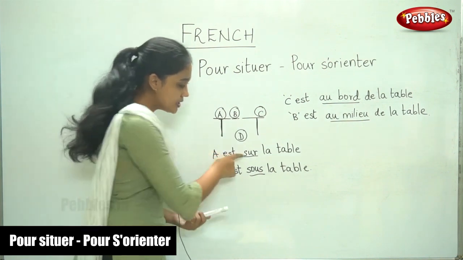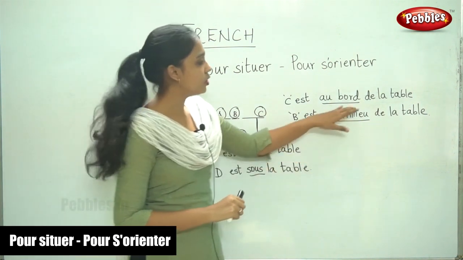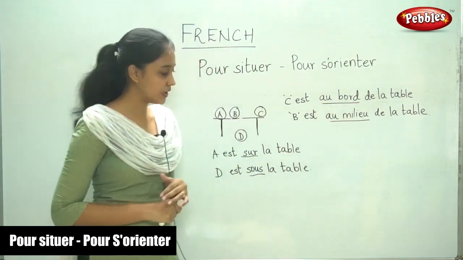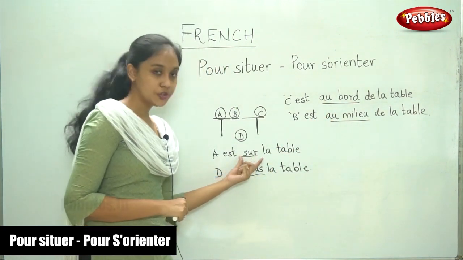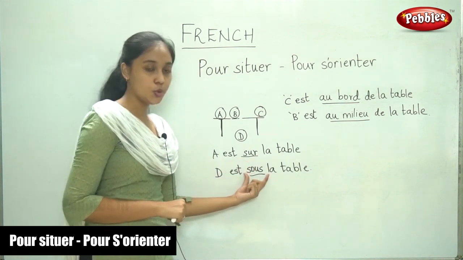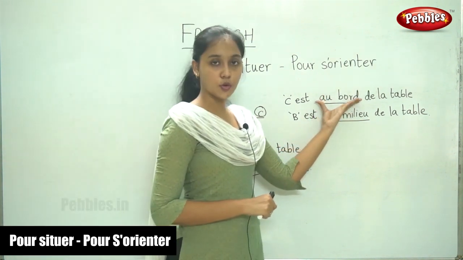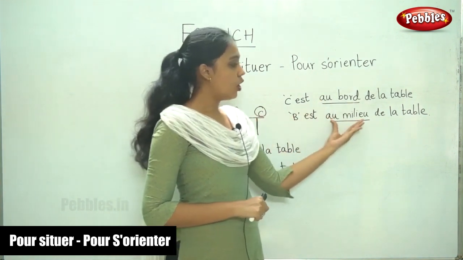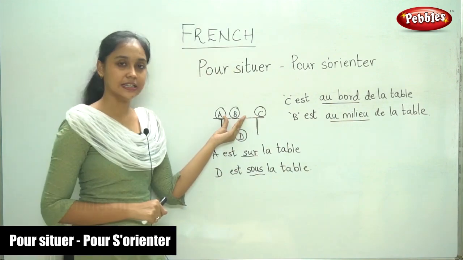So these words are what give us the orientation. So these are new words that you will be learning today. So sur means on, sous under, au bord which means at the edge or at the border, au milieu which means in the middle.